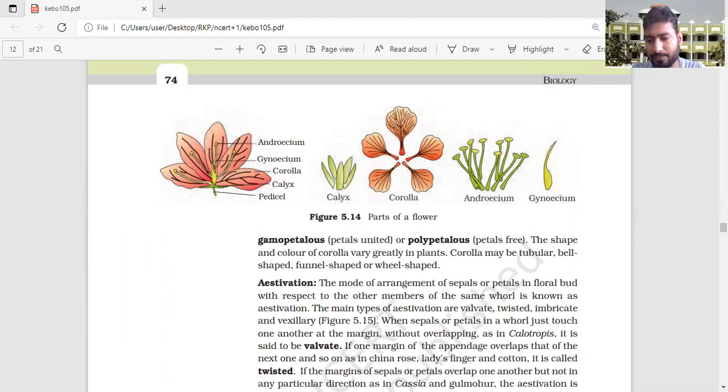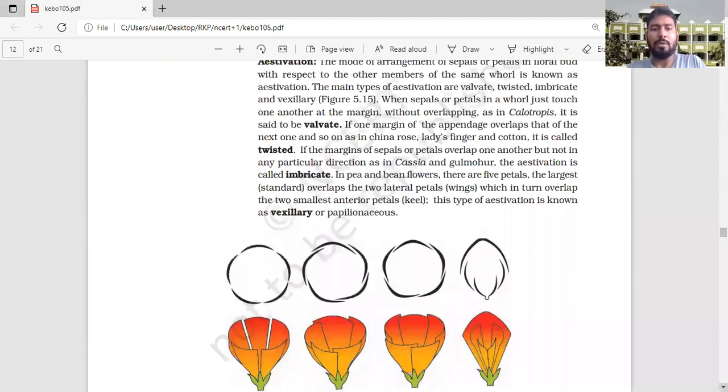The main types of estivation are valvate, twisted, imbricate, and vexillary. I also told you about quinquential, which they have not discussed.